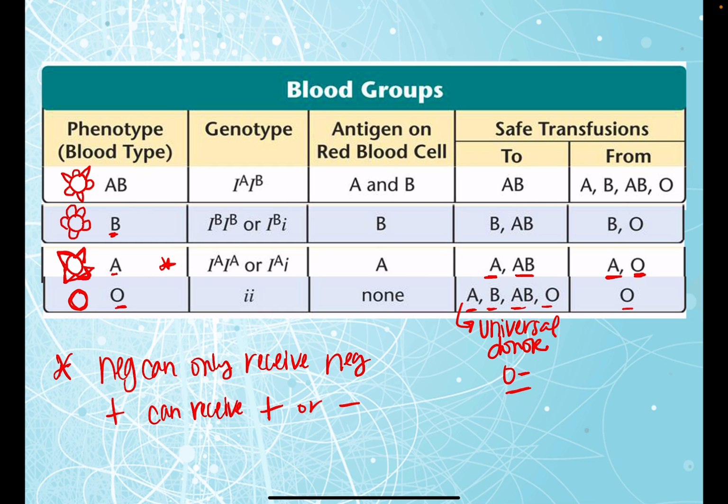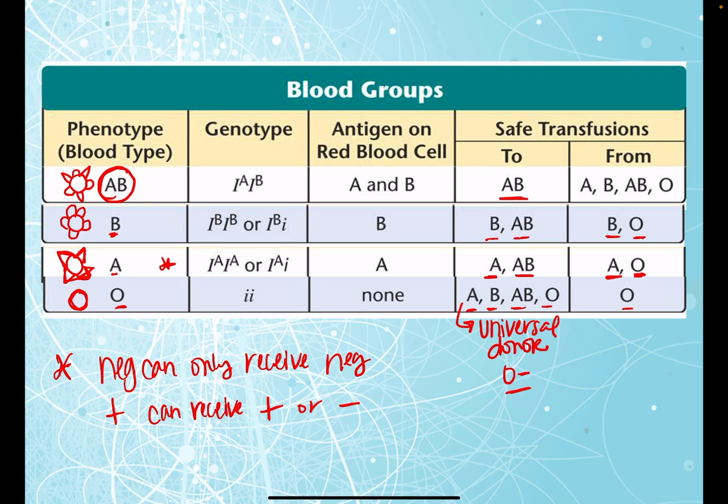B are going to be able to get from B and O and give to B and AB, very similar to the way that A could, okay? And then finally, AB blood is only going to be able to donate to other AB bloods, okay? AB cannot give to just simply A or simply B because they don't recognize that other antigen.